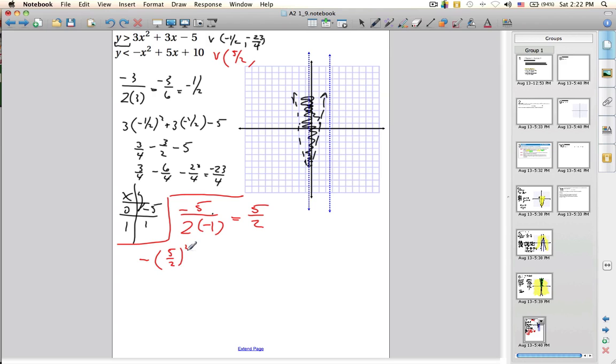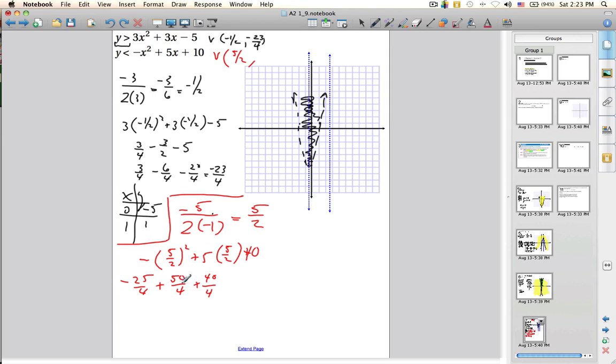When I plug 5 halves into my equation, I'll have the opposite of 5 halves squared plus 5 times 5 halves plus 10. And this will be the opposite of 25 fourths, plus 5 times 5, which is 25 halves, but I want it to be fourths, so that's going to be 50 fourths plus 40 fourths.